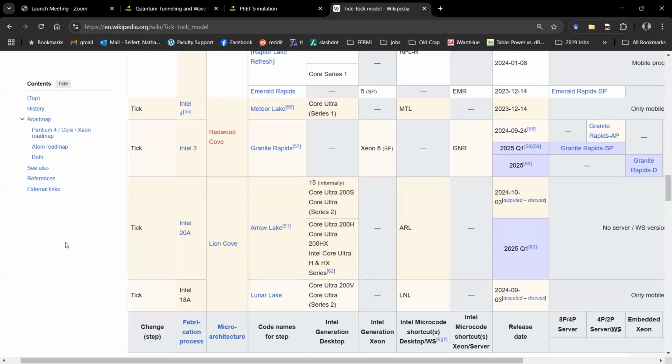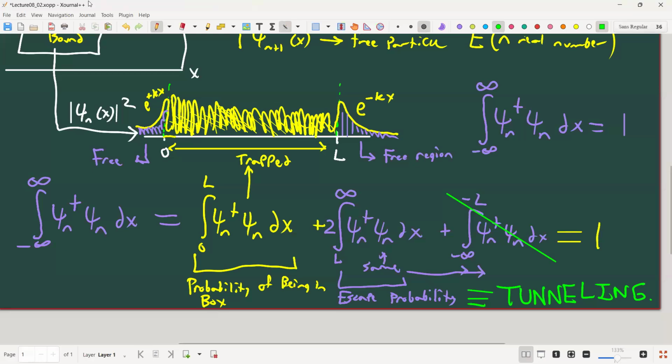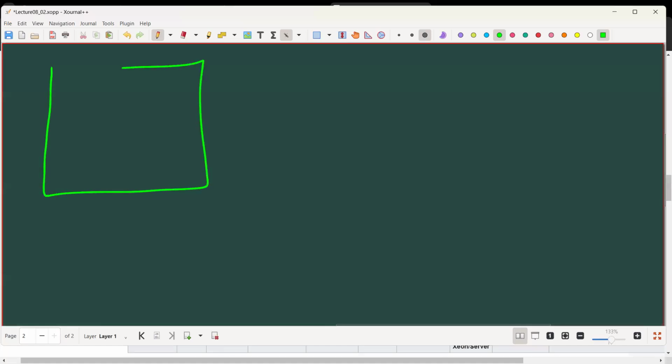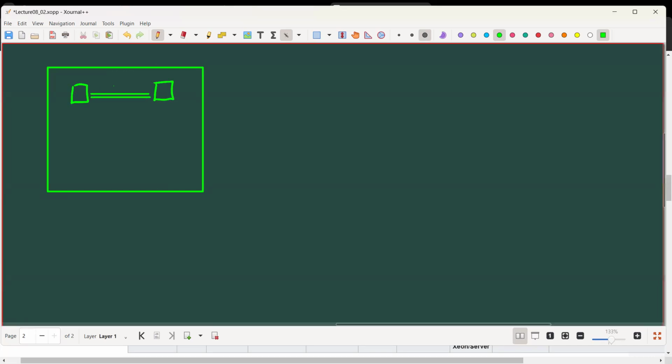So what you have on this chip, I'll just draw it on here, are a series of effectively tubes, conduits that allow charge to flow between transistors. Here's my chip, and I have some transistors here with little tubes running between them where the electrons are flowing.